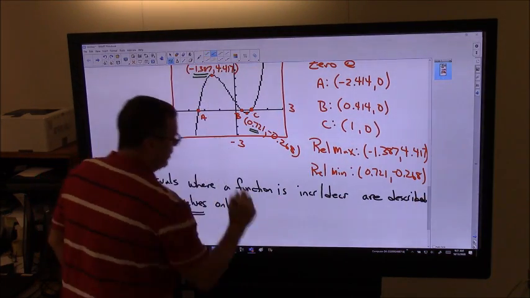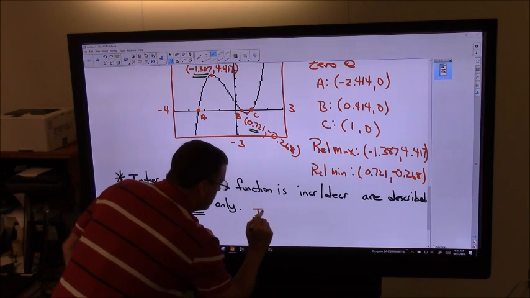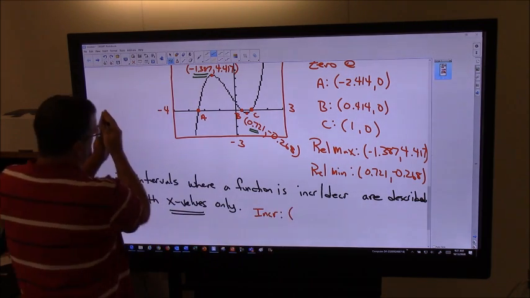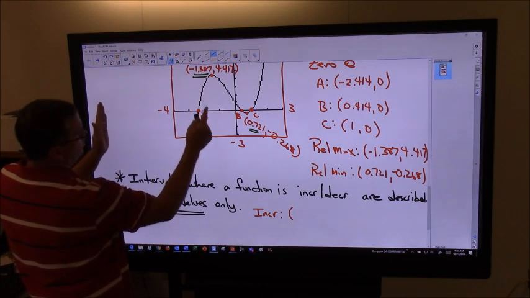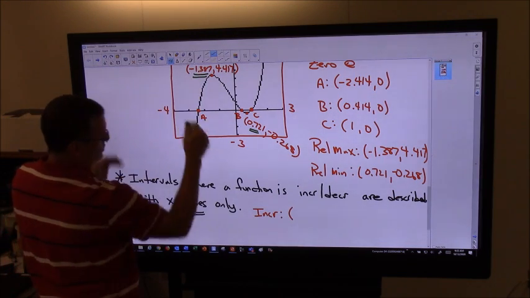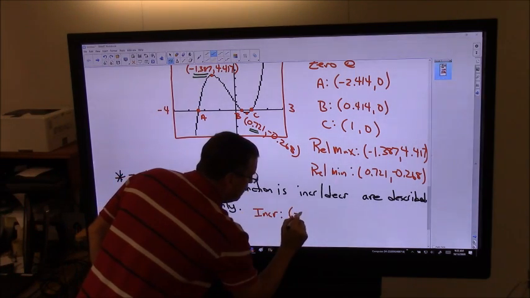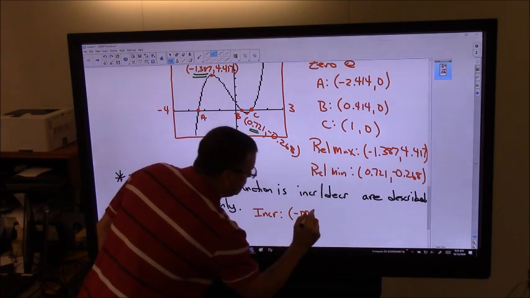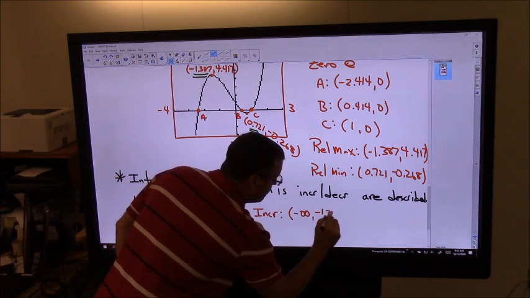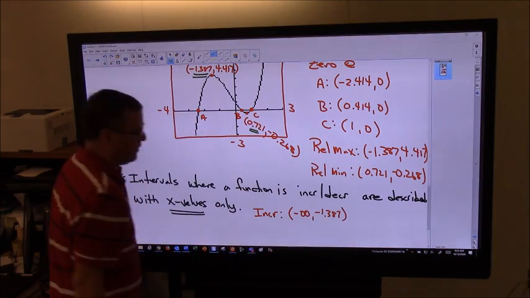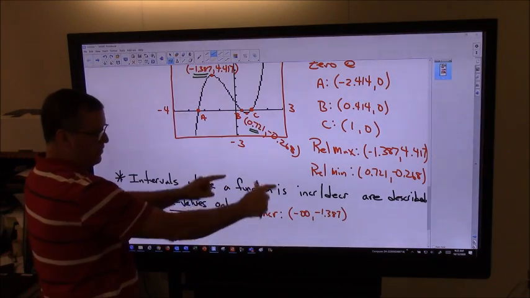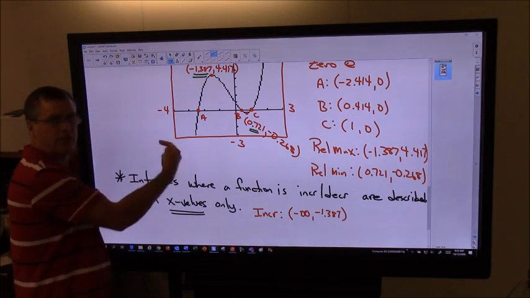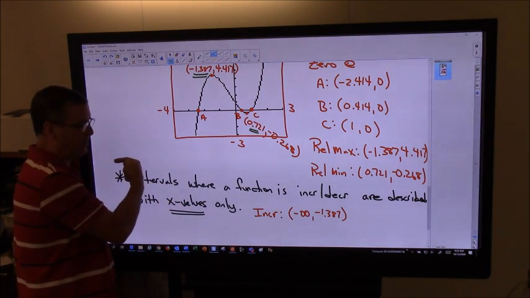Where are we increasing? Well, we're increasing from negative infinity all the way up to this x value. So negative infinity to negative 1.387. And notice how I'm using parentheses on both ends? I'm using a parenthesis here because you never get all the way to negative infinity, right?